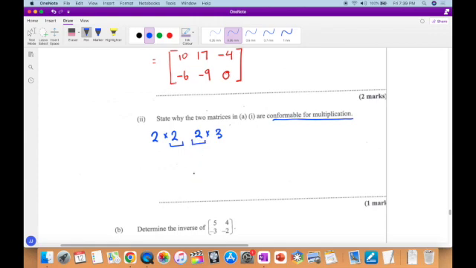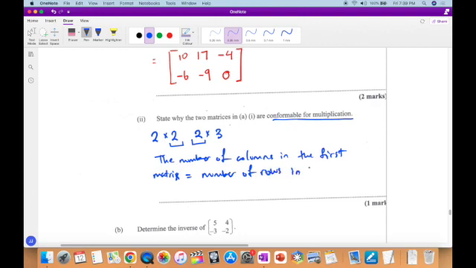And so that's what we write. We write the number of columns in the first matrix equals the number of rows in the second matrix.